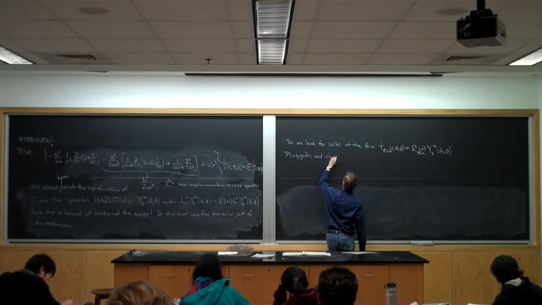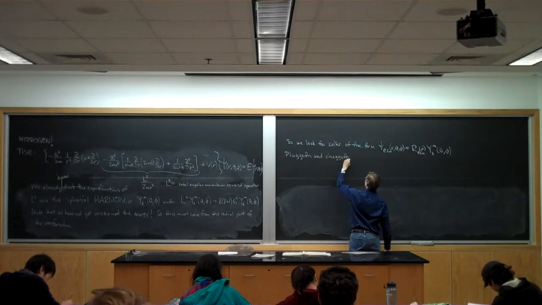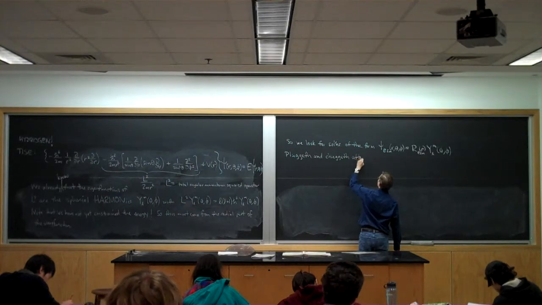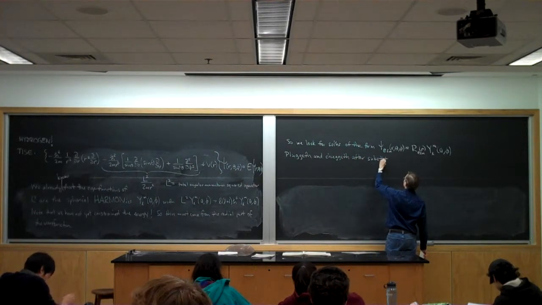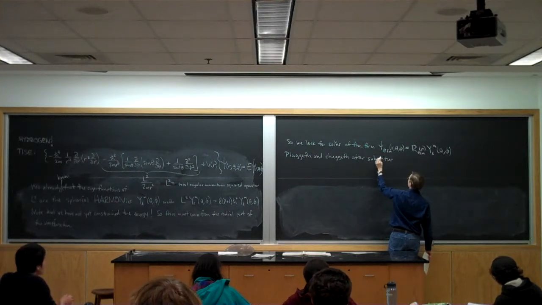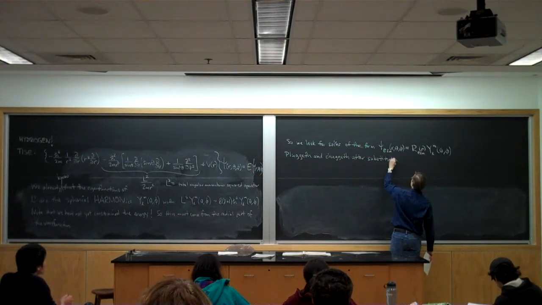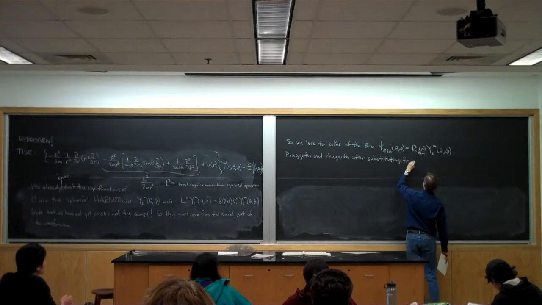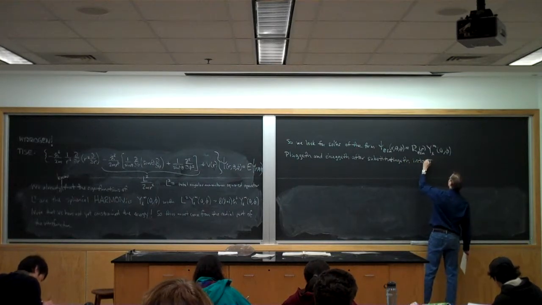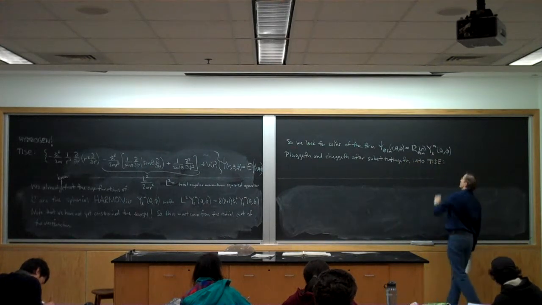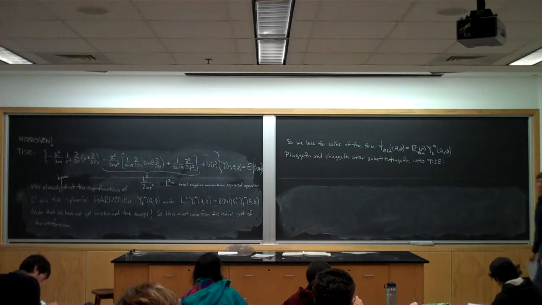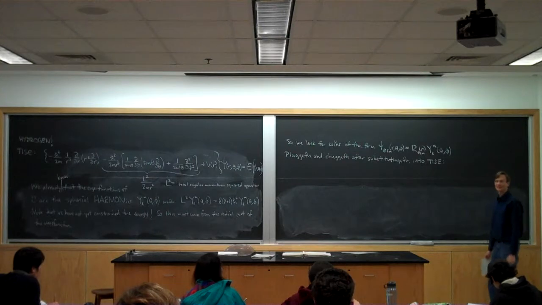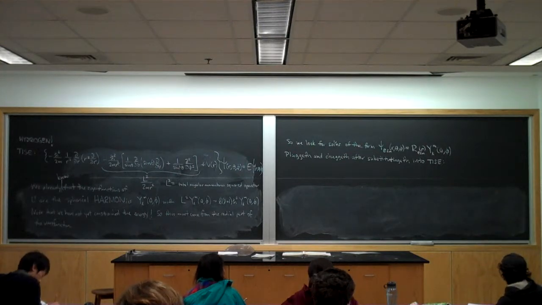Pluggeth and chuggeth after, okay, I'll get this too. After substituting into our buddy Shrek there, the time independent. Substitutingeth, it's not a word, I'm just making S on the end. After substituting into the time independent Shrek.